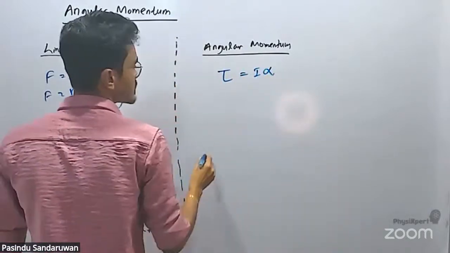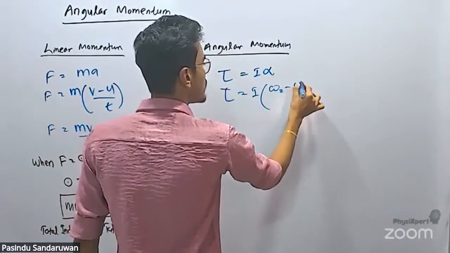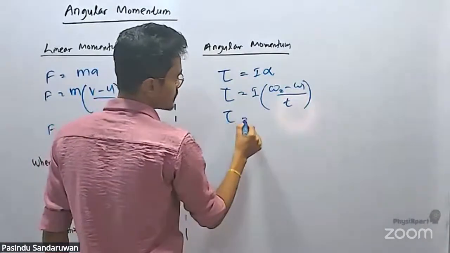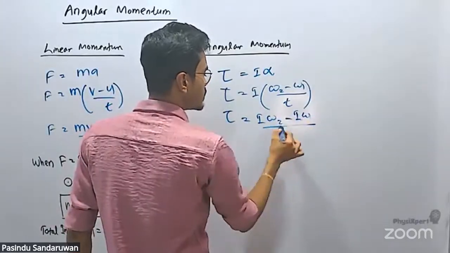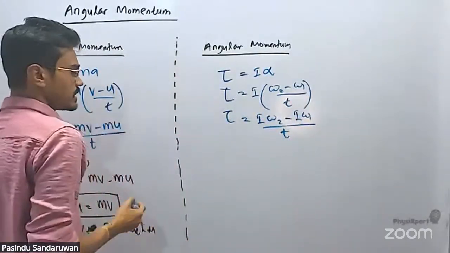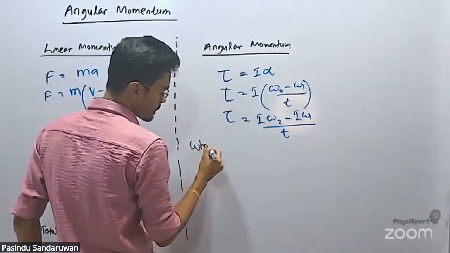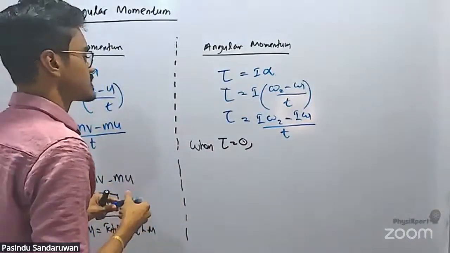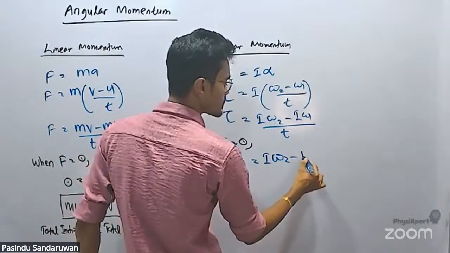Alpha can be expanded as omega 2 minus omega 1 over t, which means torque equals I omega 2 minus I omega 1 over t. Now this is when torque equals 0. Now 0 equals I omega 2 minus I omega 1.